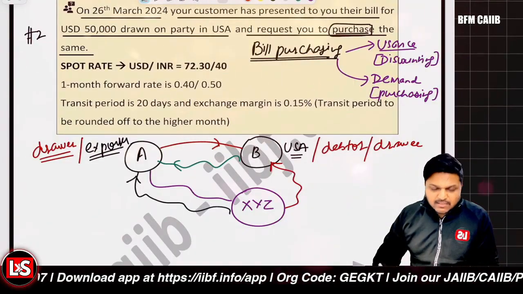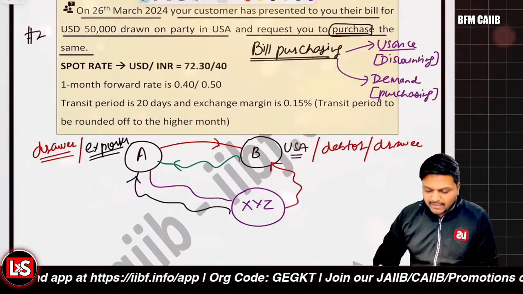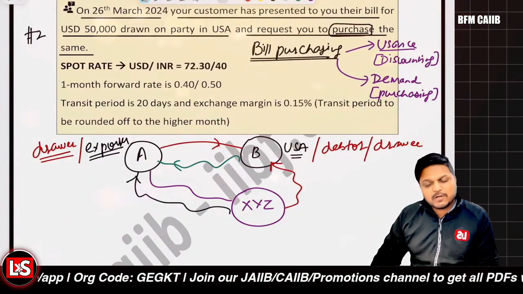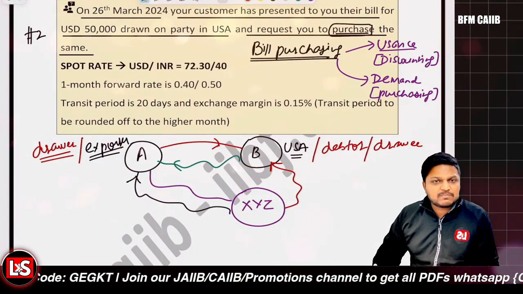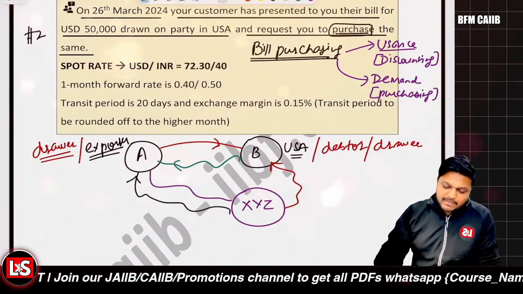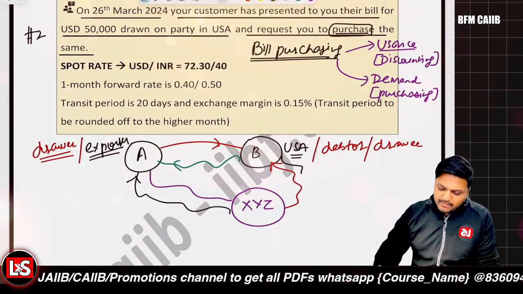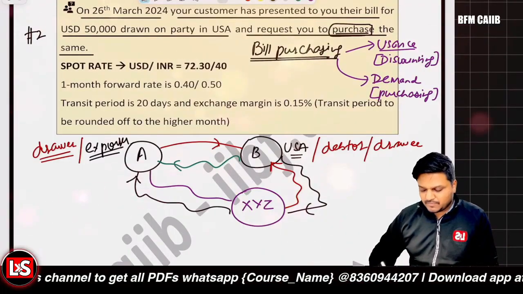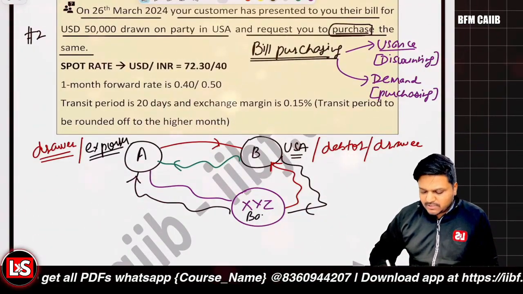XYZ is in the hometown of A and B is in another country, and XYZ bank, through its correspondent bank, will present this bill to person B, and on presentation the amount will be repaid by the importer to XYZ bank here. So that is the whole scenario.